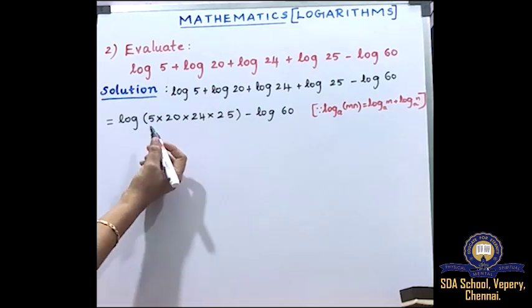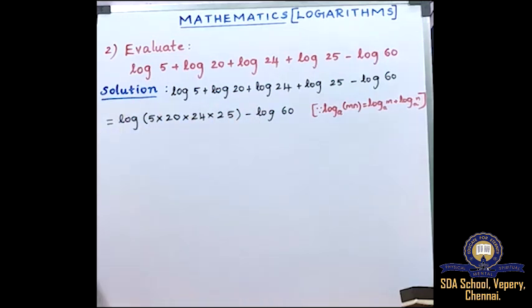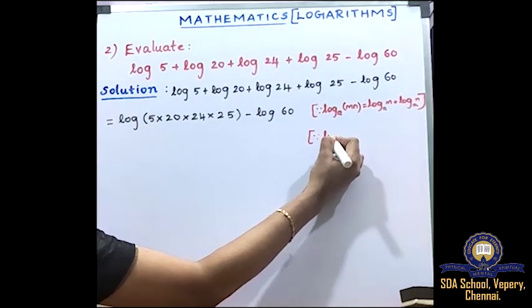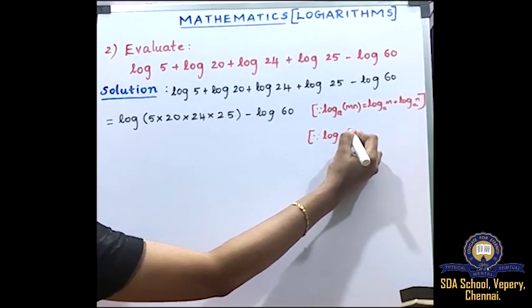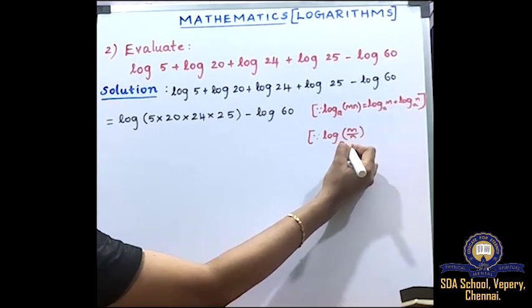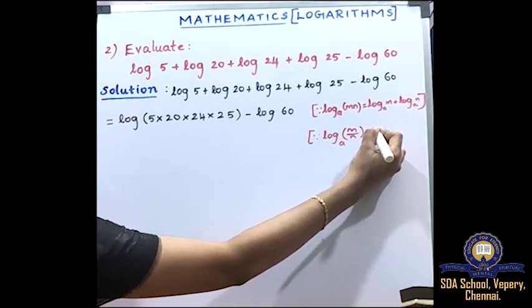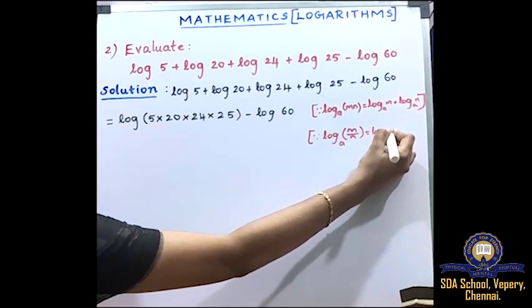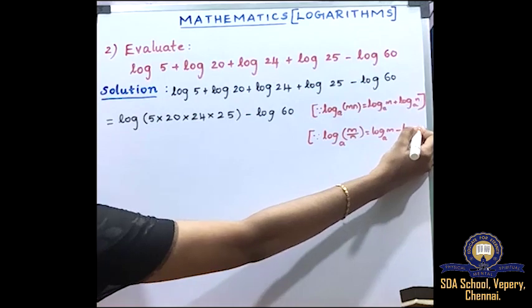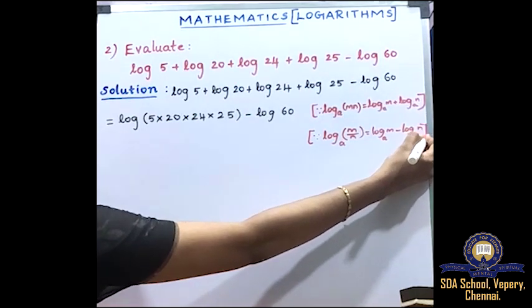Now, here also we can apply a law, that is log m by n to the base a equals log m to the base a minus log n to the base a. Right.